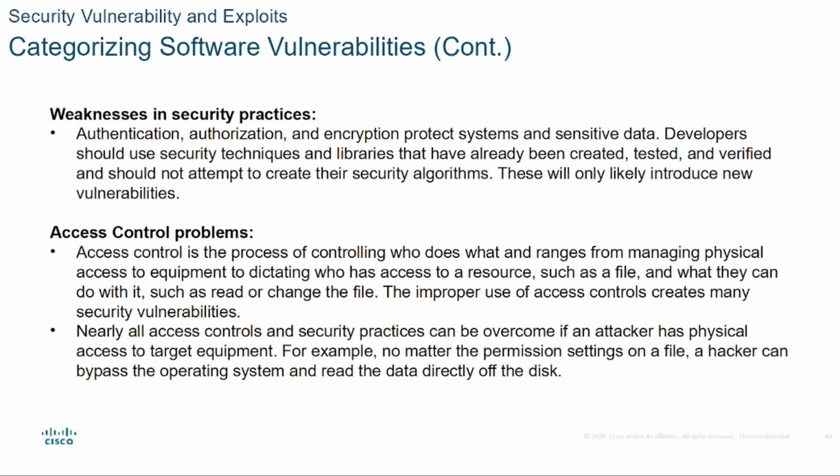Nearly all access controls and security practices are overcome if an attacker has full physical access to target equipment. For example, no matter the permission settings on a file, an attacker can bypass the operating system and read the data directly off the disk.